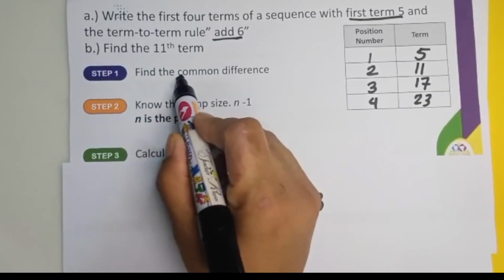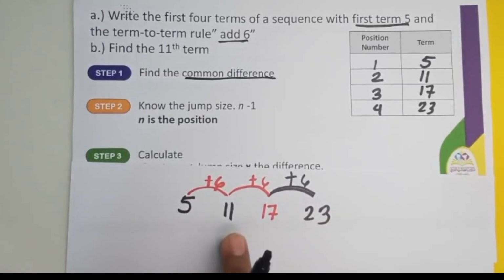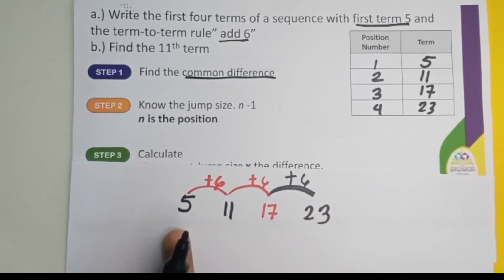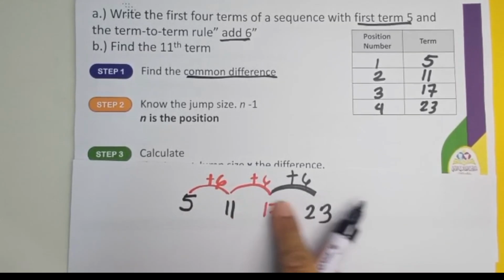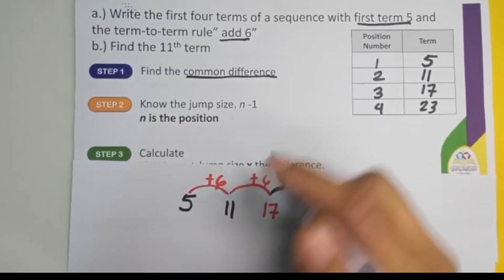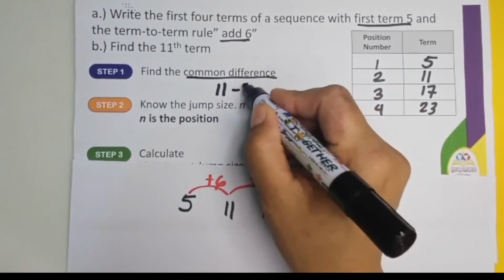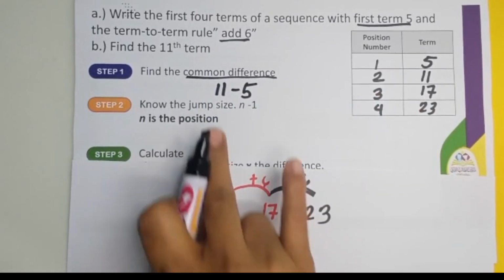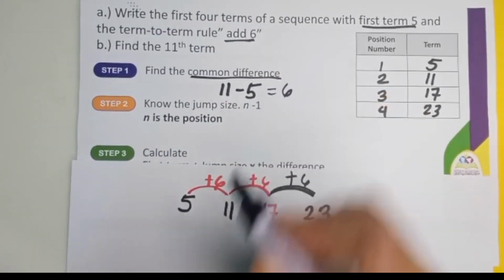Common difference means we subtract the first term from the second term, or the other way around; it depends on the given sequence. In this case, since we are adding, I will go with the second term, 11, minus the first term, 5. 11 minus 5 gives me 6.